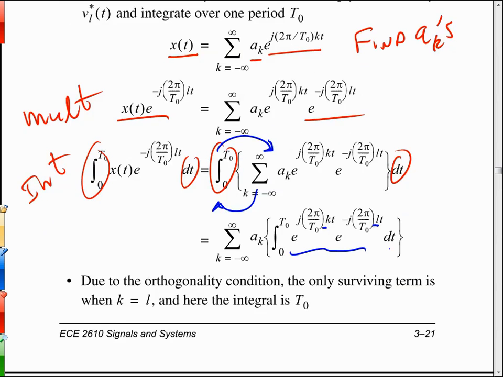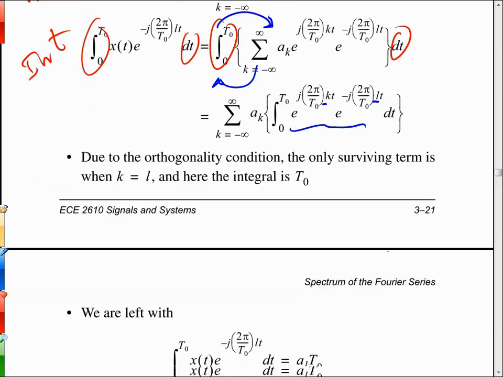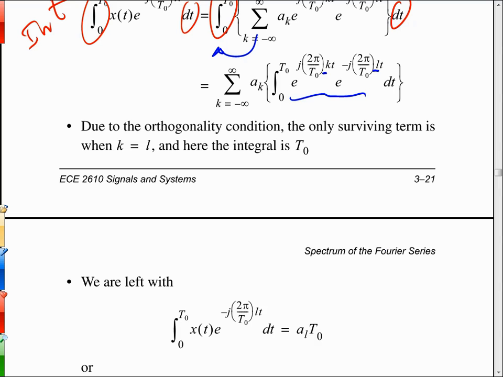So when we have a condition like that holding, that does something very nice and slick for us. It takes this sum, which runs from minus to plus infinity, and says L is staying fixed on the right-hand side there, but k is varying. But as k sweeps on by from minus infinity up to plus infinity, it hooks on to one value, namely when k is equal to L, where that integral will produce a non-zero value.